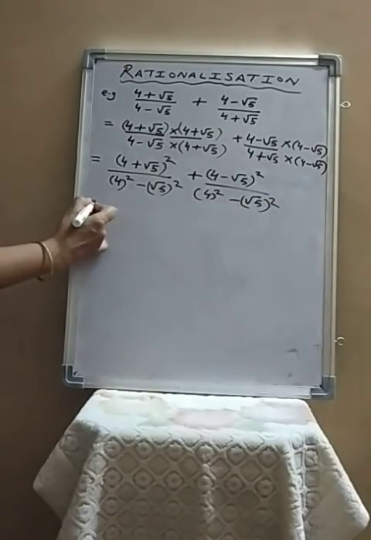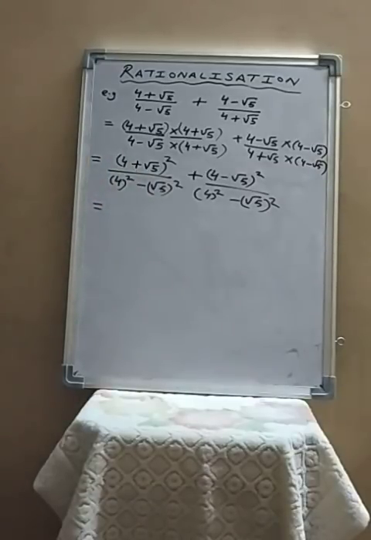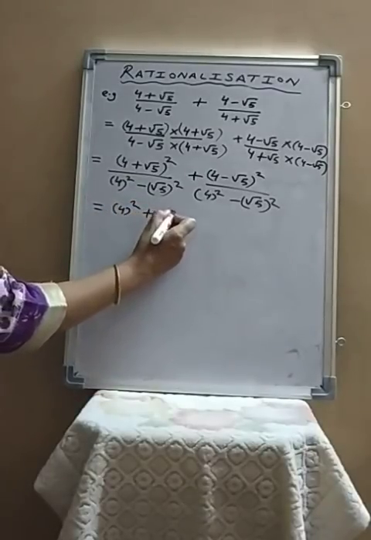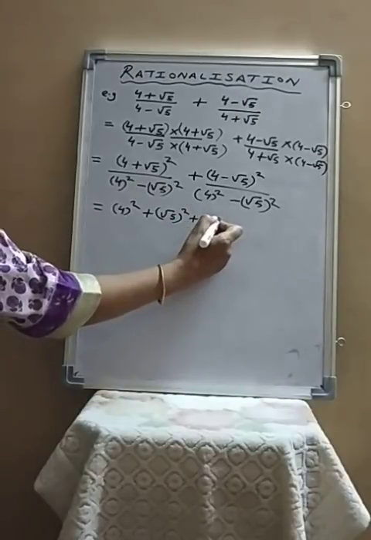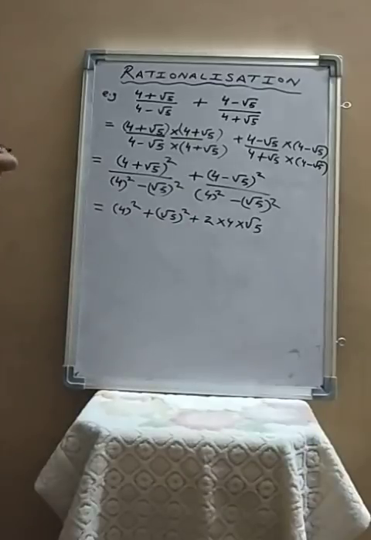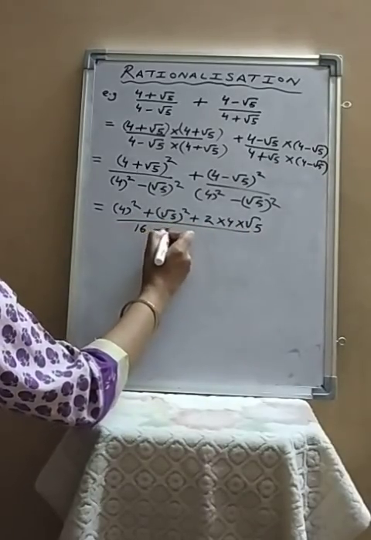In the numerator also you can see we have a plus b whole square, whose identity is a square plus b square plus 2ab. And in the denominator, it has become 16 minus 5.